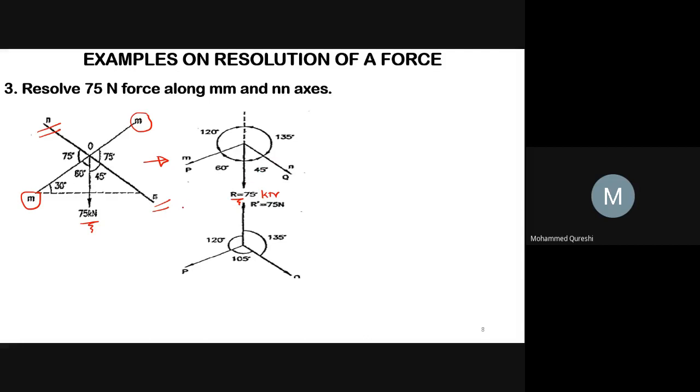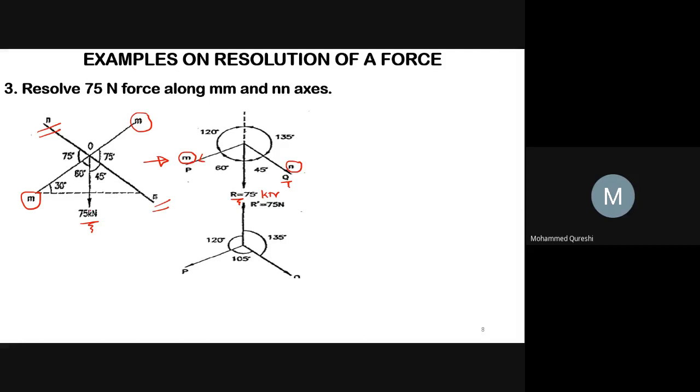For the axis NN, I am plotting this N axis and indicating it by Q force. And for this axis MM, I am indicating it with P force.